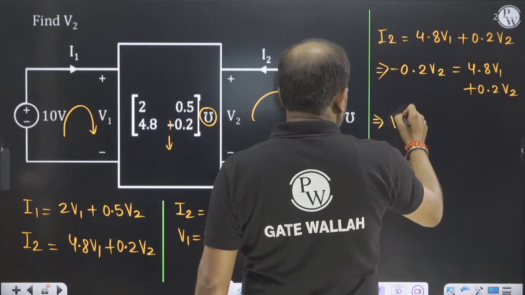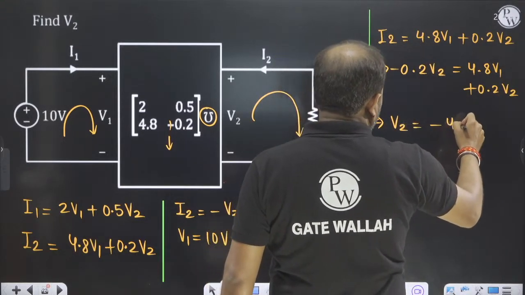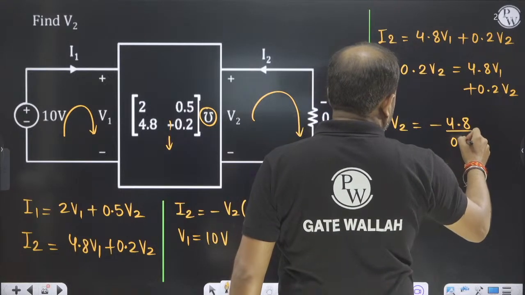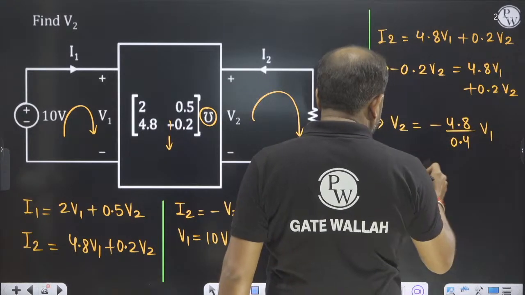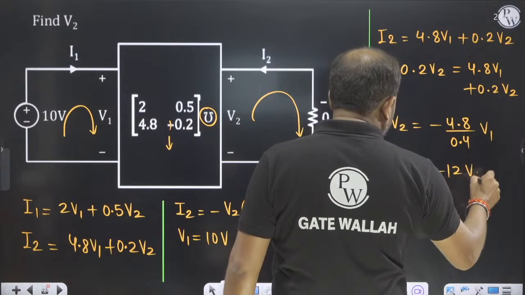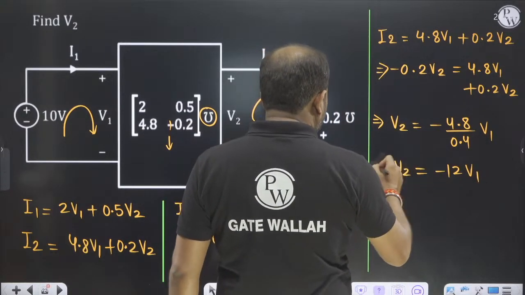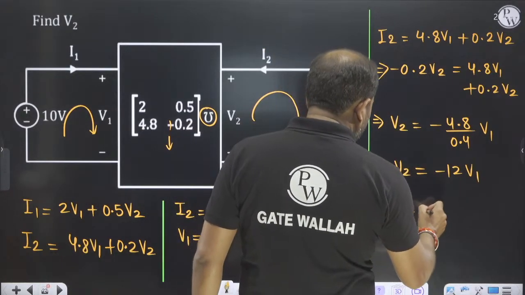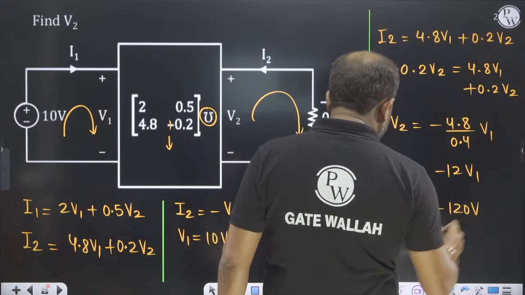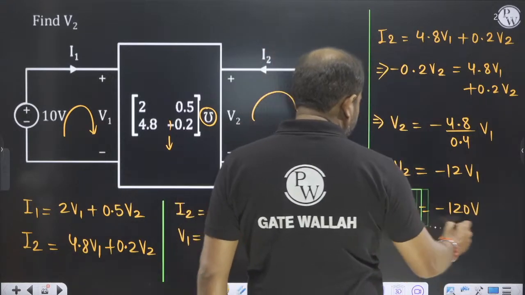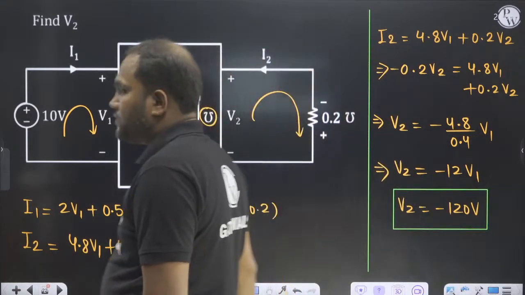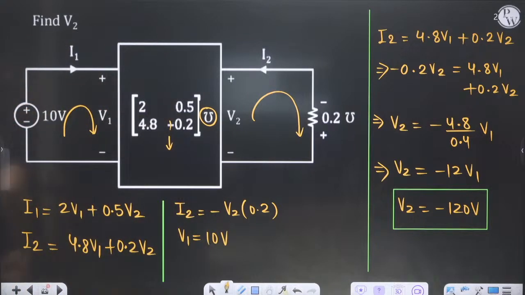So V2 will be equal to minus 4.8 divided by 0.4 V1, so minus 12 V1, and V1 we know is 10 volt. So V2 will be minus 120 volt. So this is the answer. Very easy question.